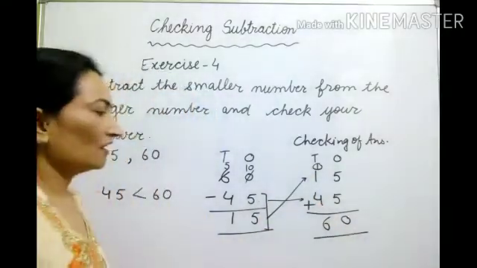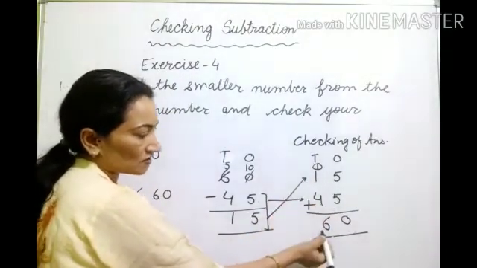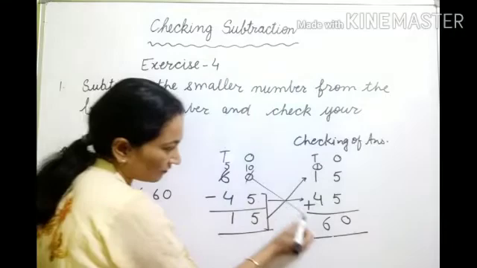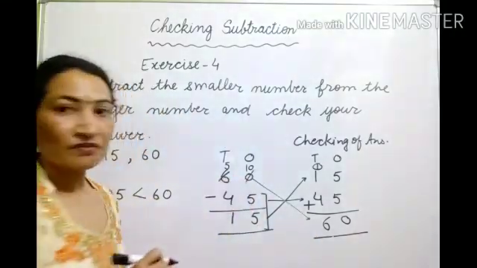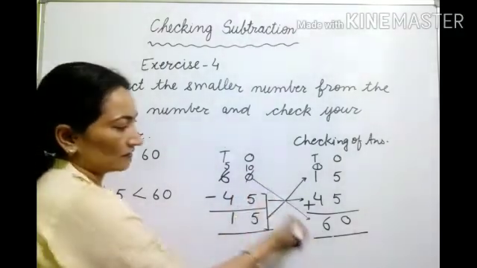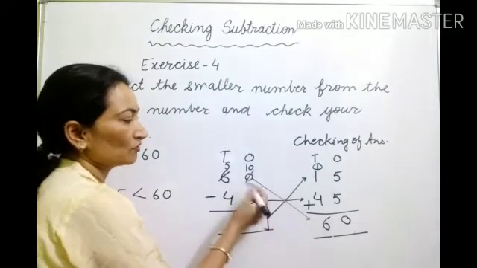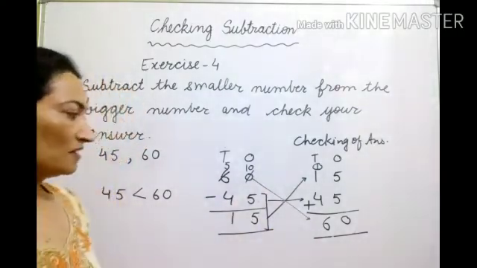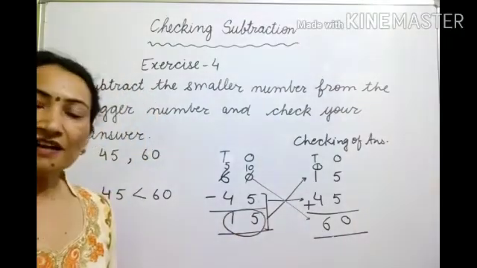Now we see our answer of addition, 60, and that is the same as the bigger number we had. 60 we are getting as the answer that matches our larger number. It means our answer 15 is right.